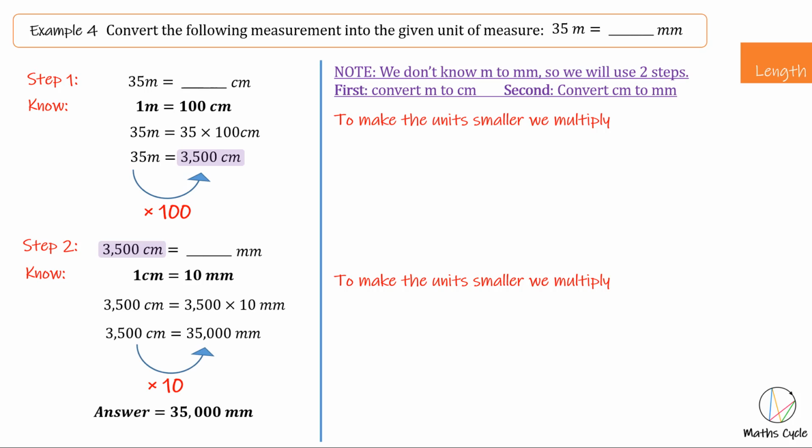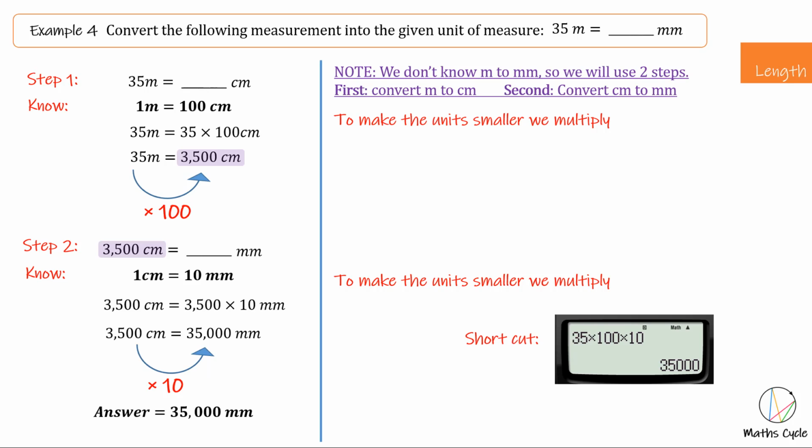We multiplied by 10 because we were changing into the millimeters, and we know that there's 10 millimeters in a centimeter. Okay, so for a shortcut here, you would take the 35, multiply by 100 to change into centimeters, multiply by 10 to make into the millimeters, and you would have 35,000 millimeters. Okay.